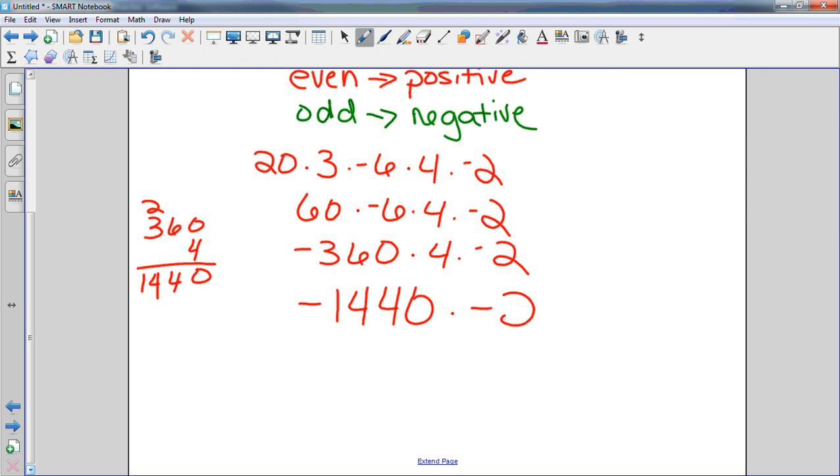But look what we're left with: 2 negatives. When we multiply 2 negatives, what do we get? Positive. So we're going to get positive 2,880. If we had an odd number of negatives, then we'd end up with a negative. Is that kind of the trick?